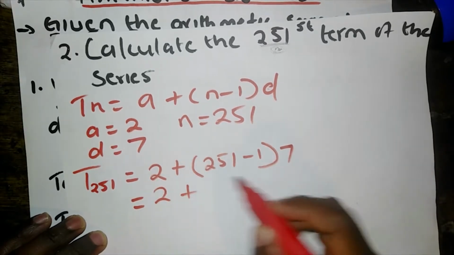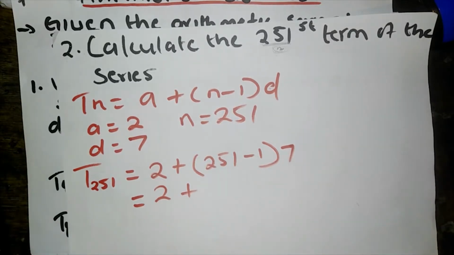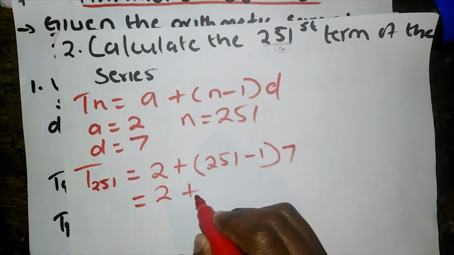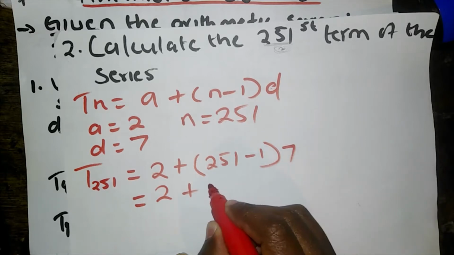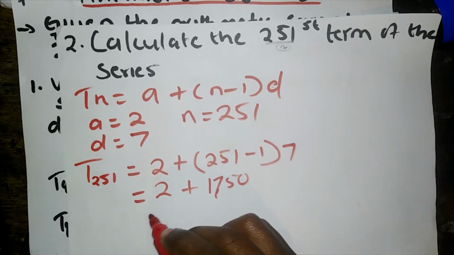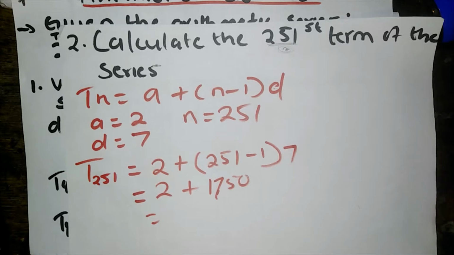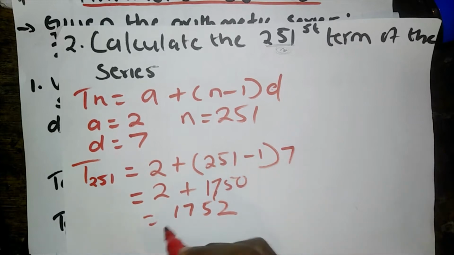So 250 times 7, that gives us 1750. Then plus 2, that is 1752.